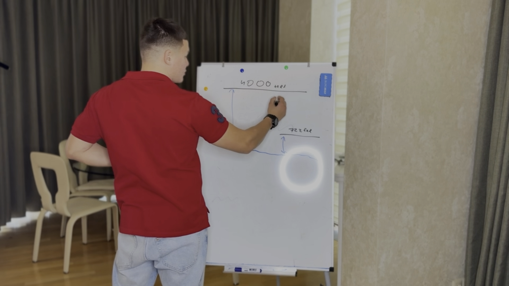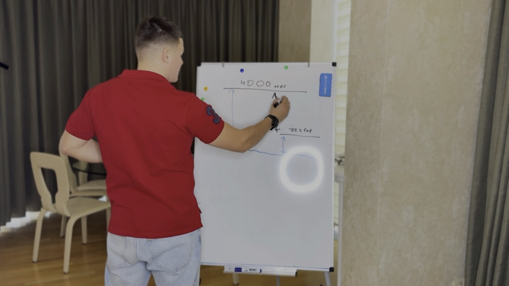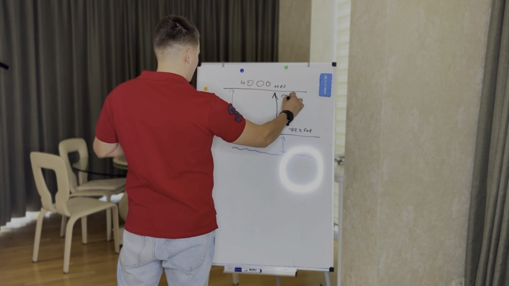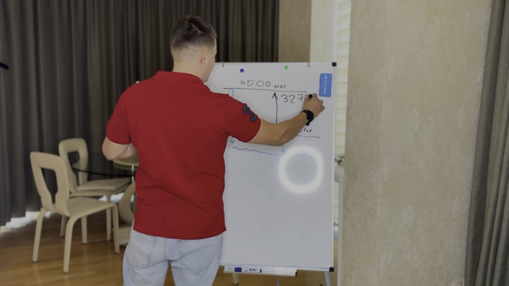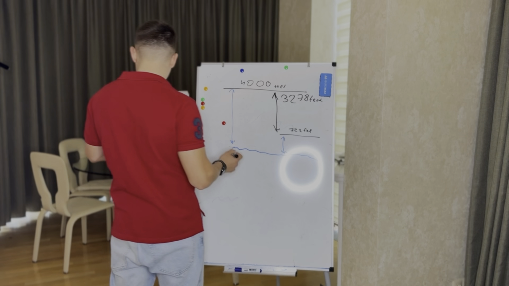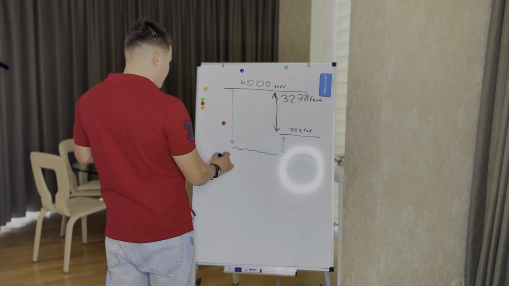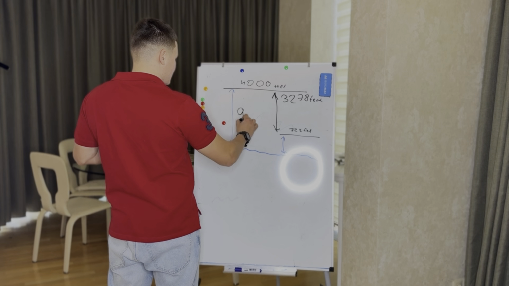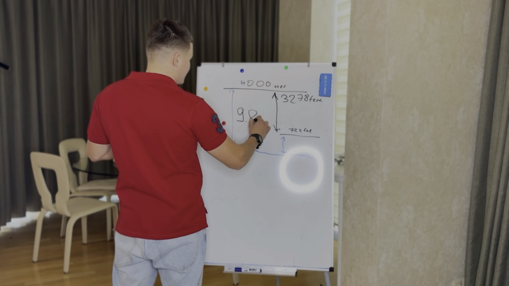The altitude to descend, this altitude will be 3,278 feet. So, by the rule of 3, it will be 9.8 miles for descent.